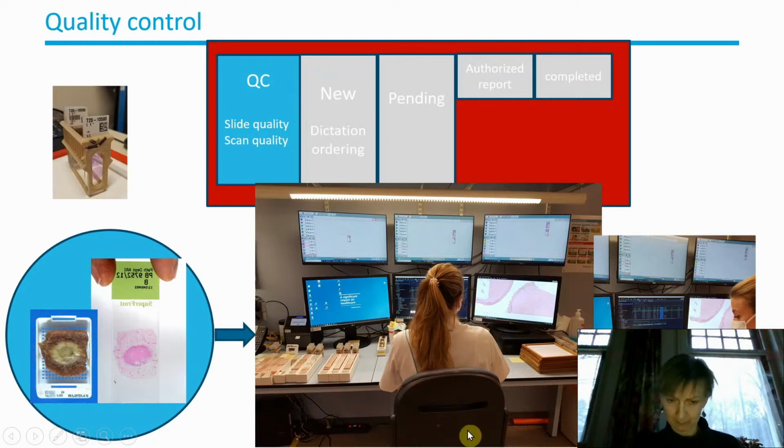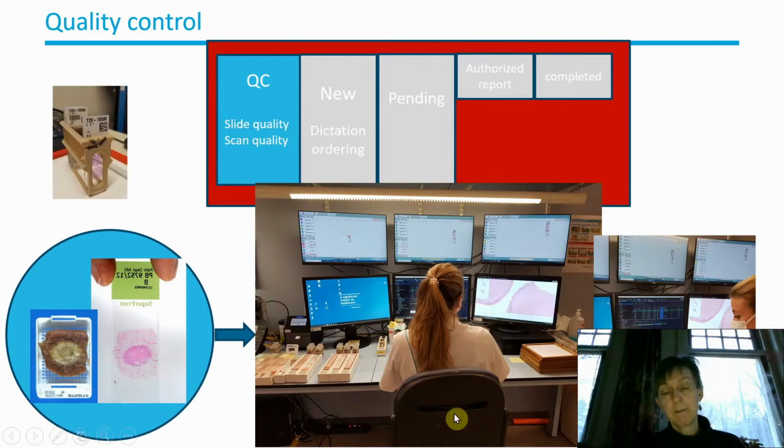We have a working place for a technician, and it's virtually manned all day by someone who checks the block and the slide to see if there's nothing missing, checks the slide quality and staining quality, and then compares it with the scanned image to see if the scan quality is okay, the focus is sufficient, and no tissue is missing in the scan. Only then is the virtual slide released for the pathologist.